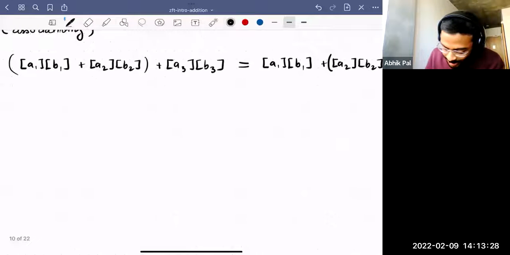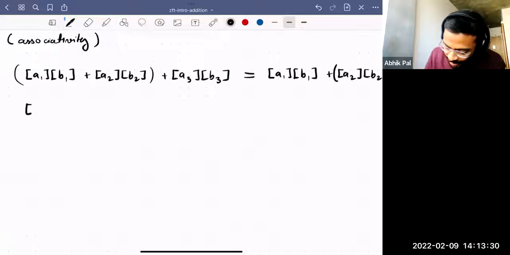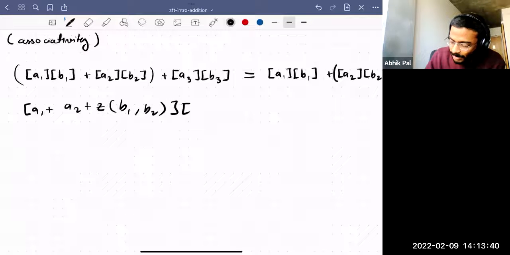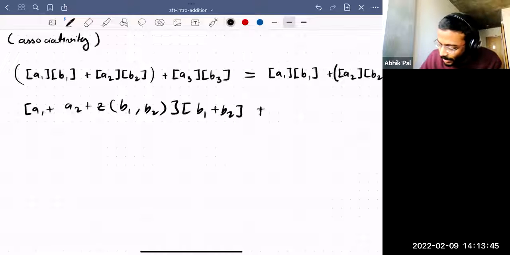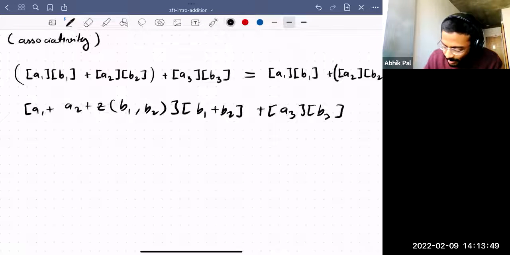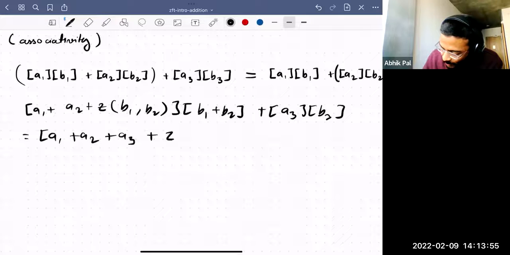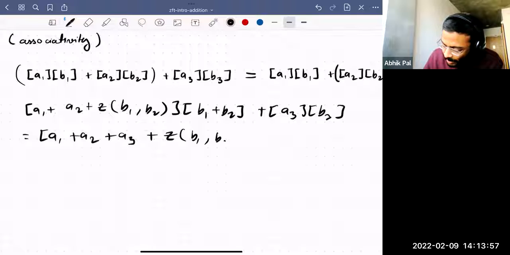And now let's try to write this in terms of my addition with carrying. On the left-hand side, we'll have A1 plus A2 plus Z of B1, B2. The units place is kind of irrelevant for this discussion for now. And to that, I'm adding A3, B3, and this just gives me A1 plus A2 plus A3 plus Z of B1, B2.